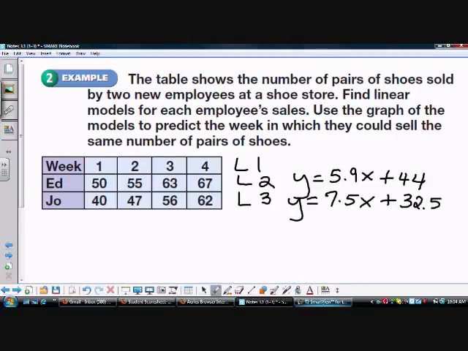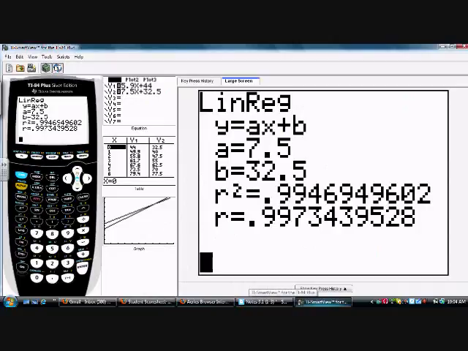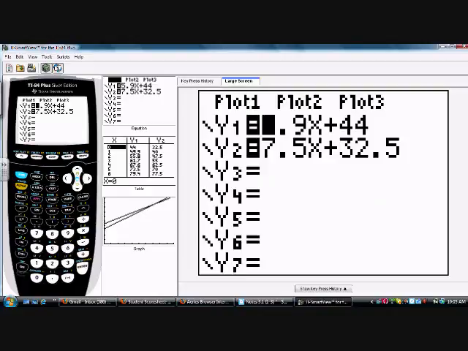Now, we're going to graph those two equations on your y equals screen. So the next thing you're going to hit is y equals. Now, if you've got anything on your y equals screen, you need to clear it, or delete.